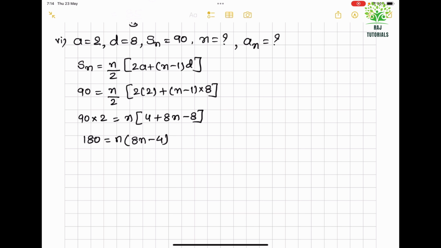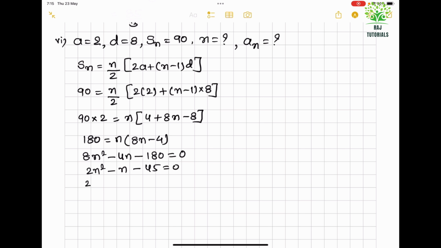So I can say 8n square minus 4n minus 180 equal to 0. We get 2n square minus n minus 45 equal to 0. So 90 is such factor whose sum is 1.